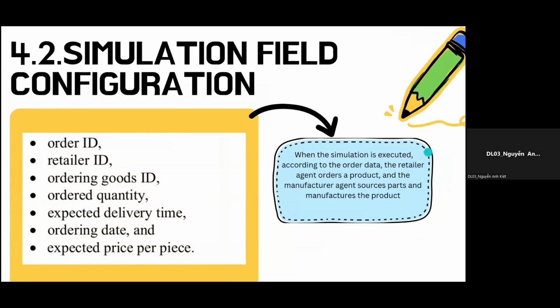Next, this picture is a display when the simulation is executed. According to the order data, the retailer agent orders the product, and the manufacturer agent sources parts and manufactures the product.